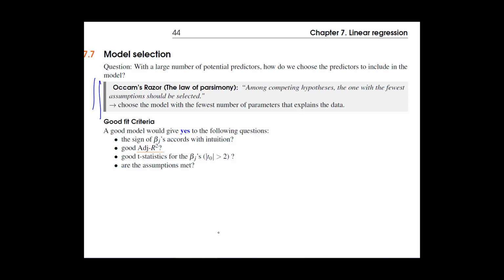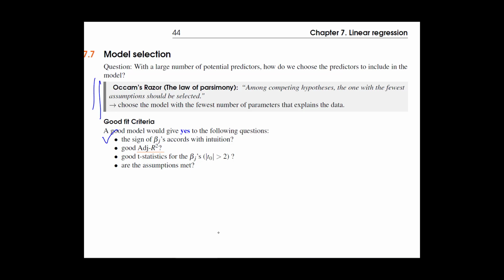So this is like my checklist. The first thing you would try to do, if it's a main effect model, is check the signs of the betas, because recall that in that case you can interpret the betas. If the signs are correct to intuition, that's good.